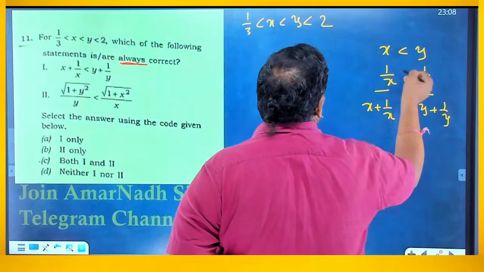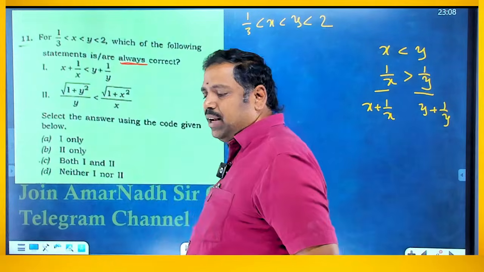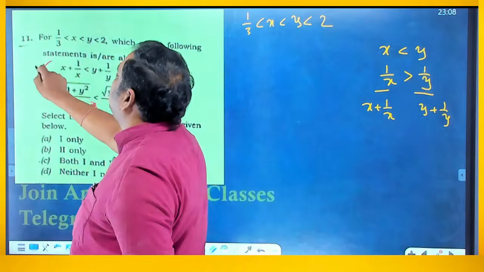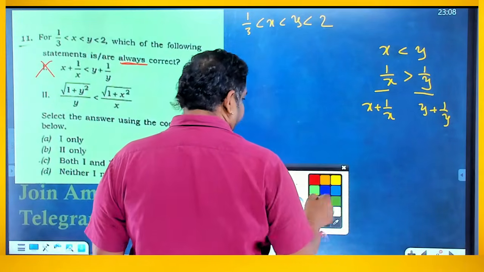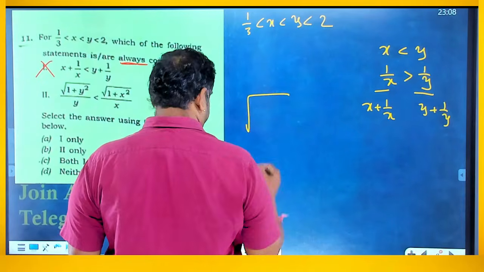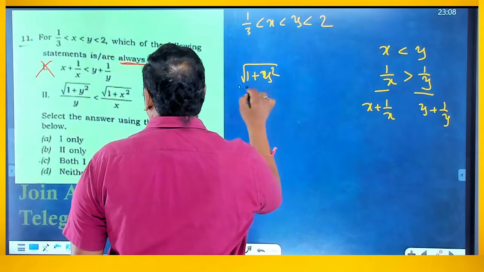But I am unable to say whether it is less than or greater than. That's why I can't say whether the first one is definitely valid or not. Even if you go to the second one, observe, the root over, the one he gave is root over 1 plus x y square by y.